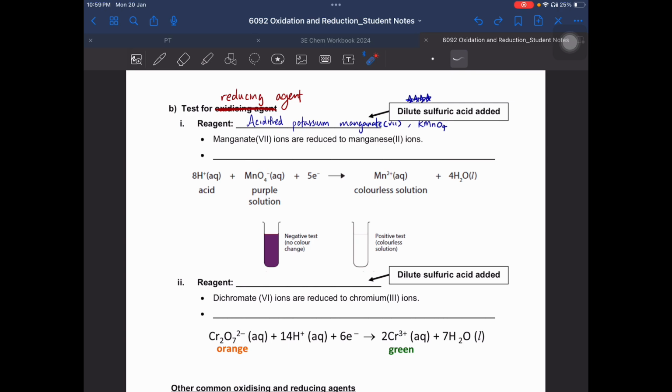What happens in this reaction is that the manganate 7 ions will be reduced to form manganese 2 ions. In the process, you see the solution turning from purple to colorless, or what we term as decolorization. This is the observation that we're looking at, and once you see that, it's a positive test that there is a reducing agent present. So let's take a look at this video to see how it looks like.